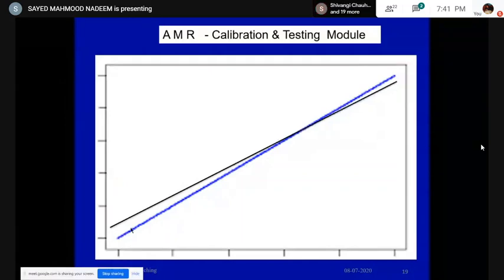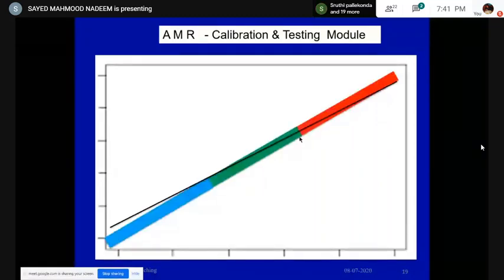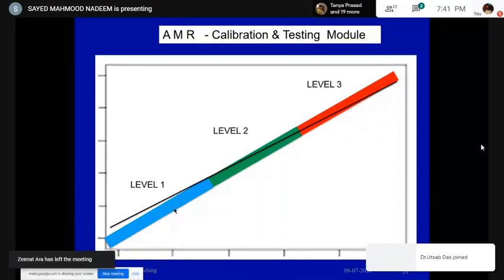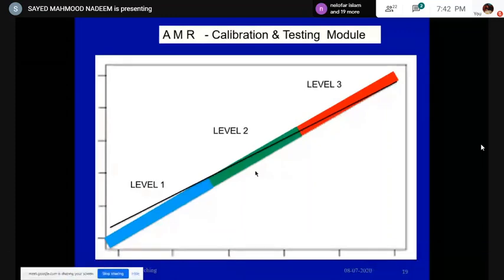If we run the controls, now if you look at it, the level 1 control is absolutely out. However, the level 2 and level 3 controls are giving values within their defined range because they are within the limits of this new curve which has formed.